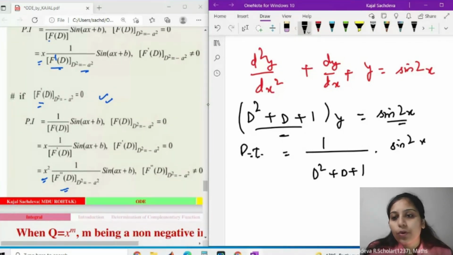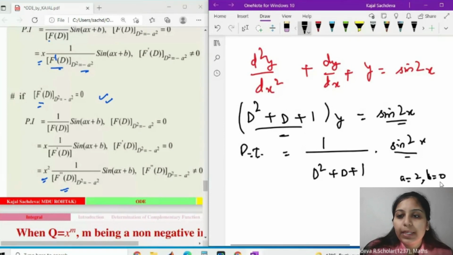Here is the case of sin ax plus b, where a is 2 and b is 0. You can see here. So what we will do in this case, D square is replaced by minus a square. It means replaced by minus 4 simply.